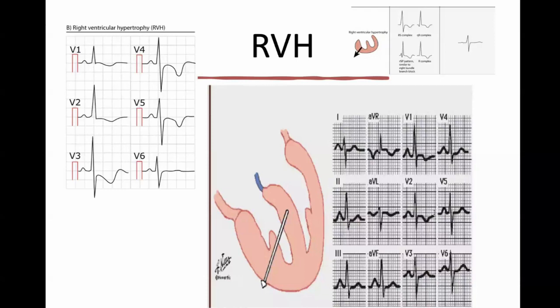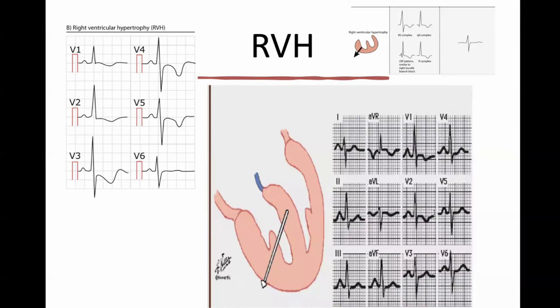Also look for upright T waves in V1 and V4R after the first week of life. T waves can be upright in V1, but only in the first week of life and then again in adolescence. An RSR pattern where the second R wave is taller than the first R wave is also suggestive of right ventricular hypertrophy.